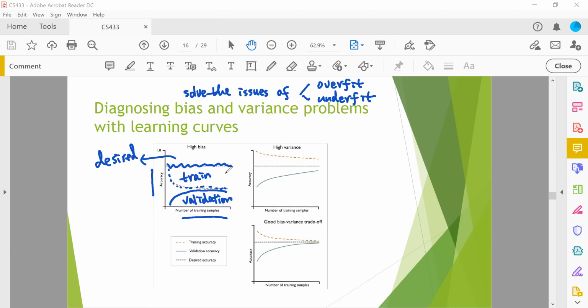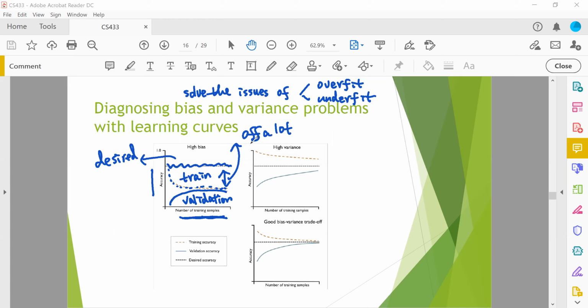You can see that both training and validation, no matter how the number of training samples increases, are off the desired accuracy by a lot. It also looks like the training accuracy is decreasing and the validation is increasing in this case.